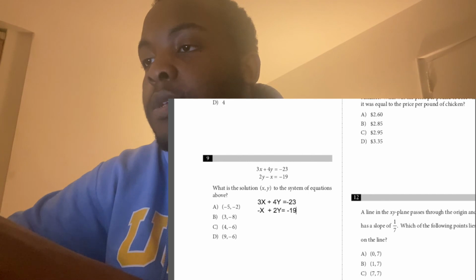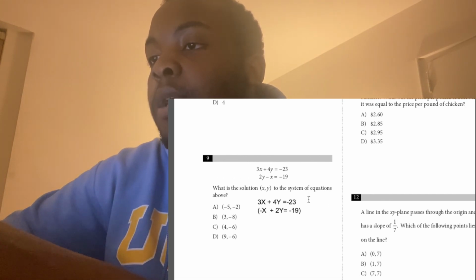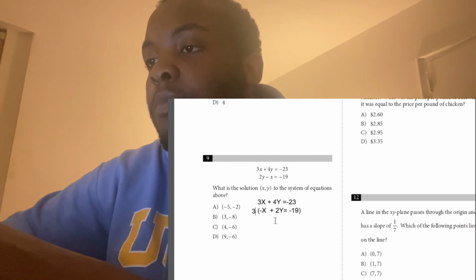equals negative 19. Now I want to multiply both of these sides either by, well, this is already negative, so I can multiply this by 3. And then this is going to be 3 and negative 3. Now we have the same thing at the top.